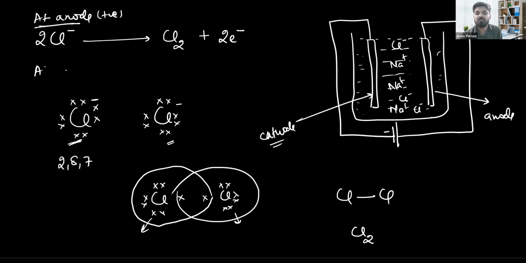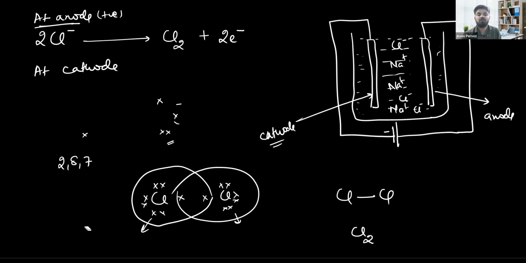And what happens at the cathode? At the cathode, these positively charged ions go, because the cathode is negatively charged and only sodium is positively charged. Na positive ions have the 2, 8 electronic configuration, whereas Na solid is 2, 8, 1. So each ion requires 1 electron so that the charge is removed.